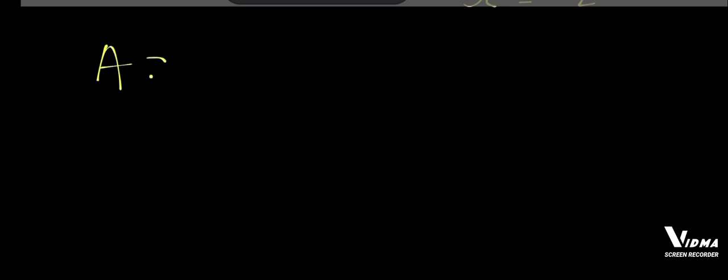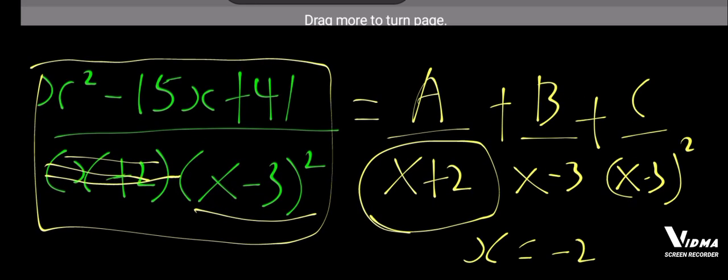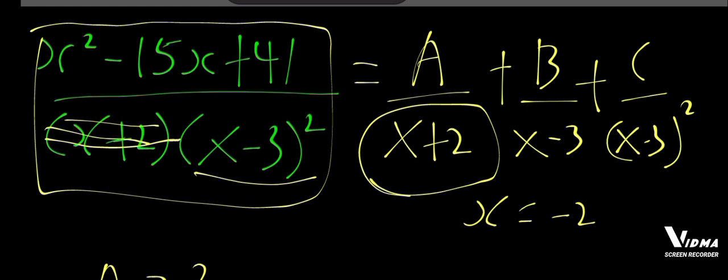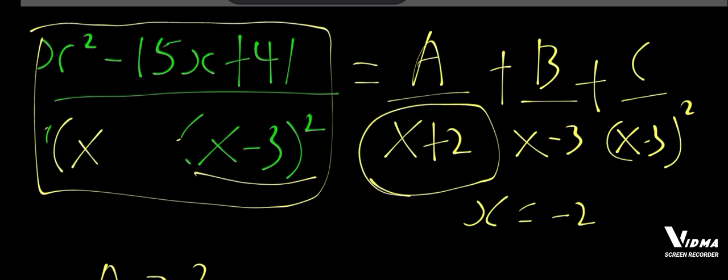So in the end, we are going to have a to give us 3. Okay. So now let's see. Let me rewrite that back. So x plus 2. That's right.